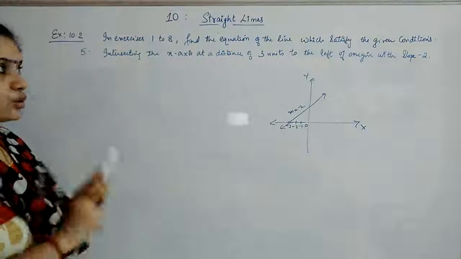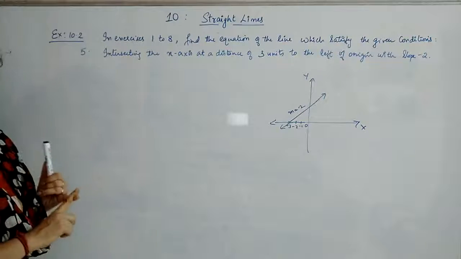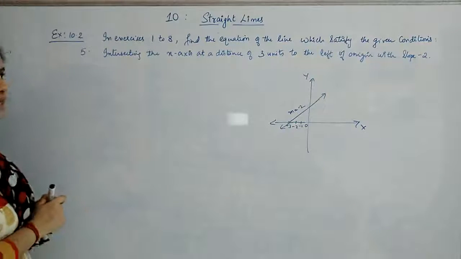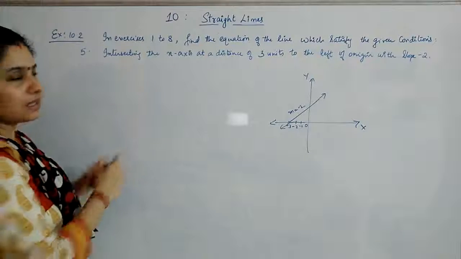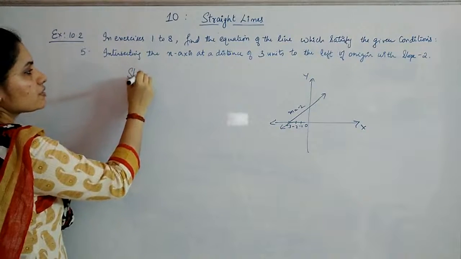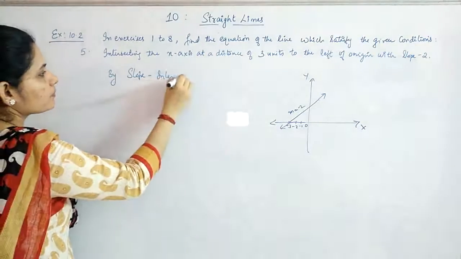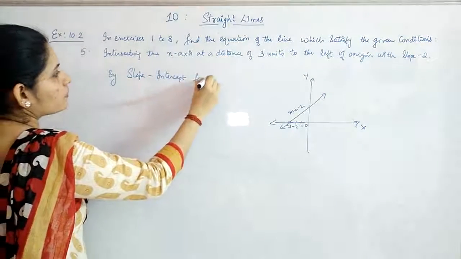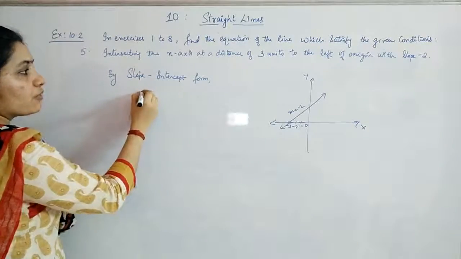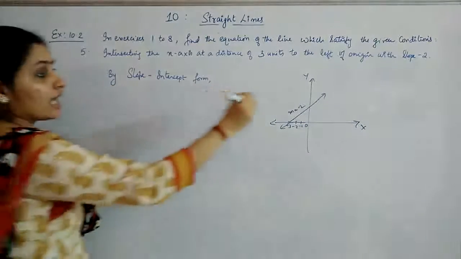So you are given in the question the slope as well as the x-intercept. When the x-intercept and the slope are given, you can use the slope-intercept form. What is the slope-intercept form when your x-intercept is given?